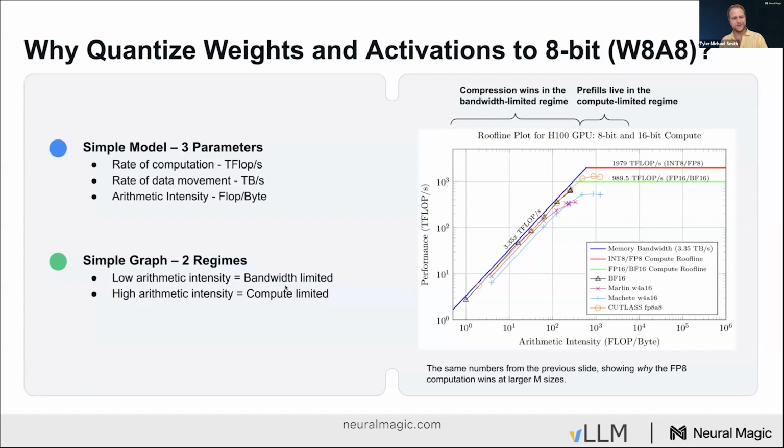Okay, so let's go over to the roofline plot on the right. Here we're plotting one efficiency on the x-axis against another efficiency on the y-axis. On the y-axis, we've got the performance in teraflops, which is the achieved performance of an algorithm. And on the x-axis, we've got the arithmetic intensity, which is flops per byte, how efficient your algorithm is in terms of data movement.